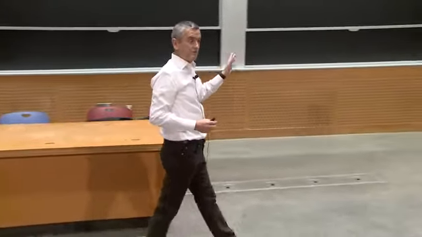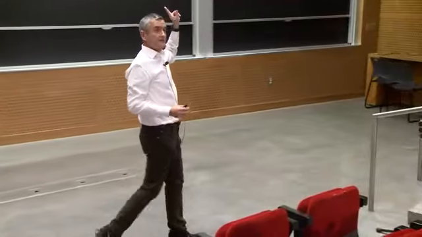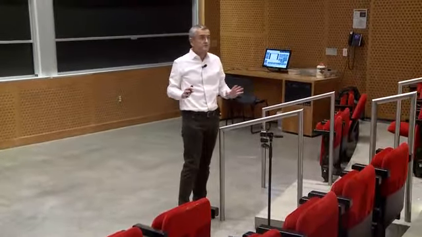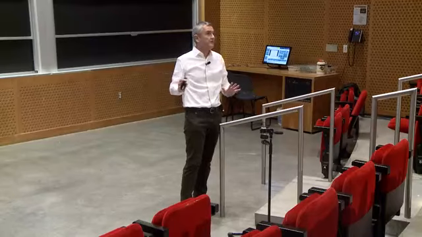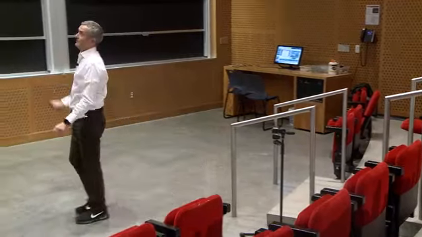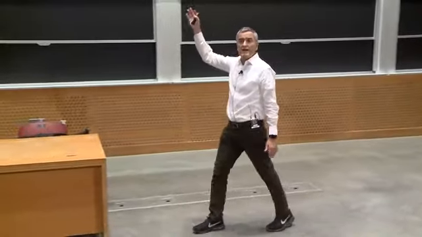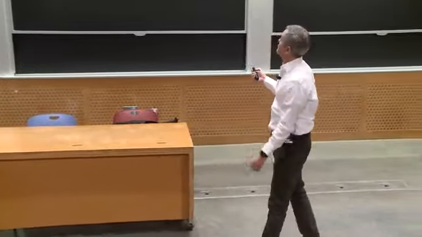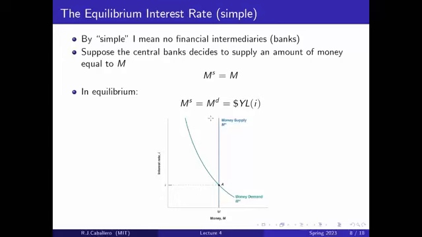Watch out when we talk about banks later on. In this economy I'm describing, there are no banks. Any other one that produces dollars, that's illegal. So the central bank can decide how much money to supply, and suppose it decides to supply M. That's it. It's a decision.